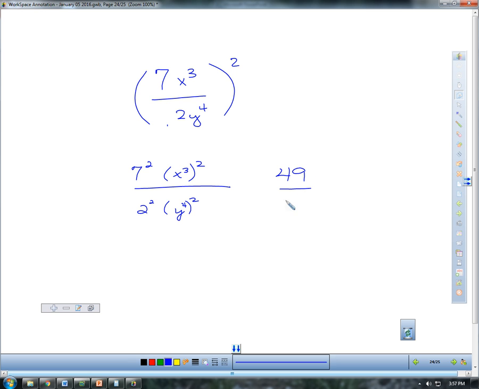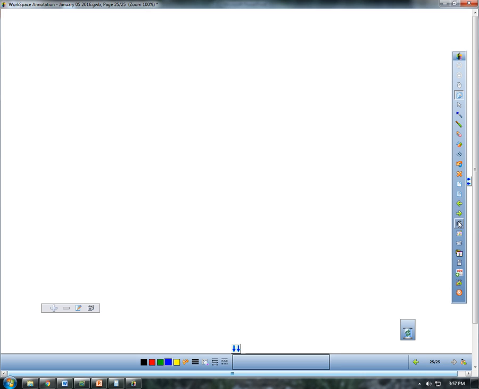So that's 49 over 4. X cubed to the 2nd power. Since I'm raising a power to a power, I multiply their exponents, so this will be x to the 6th power. Y to the 4th power raised to the 2nd power will give me y to the 8th. And there I am done.